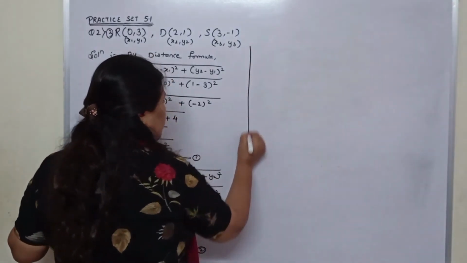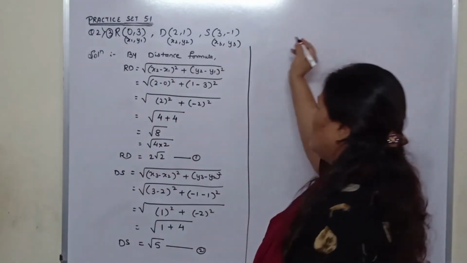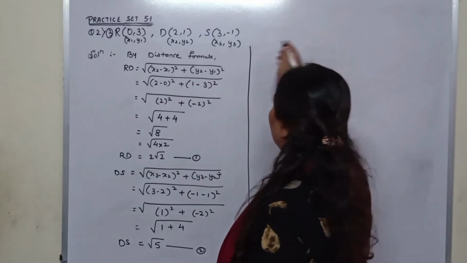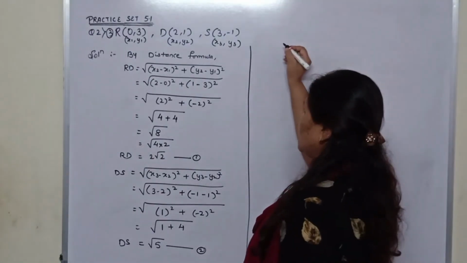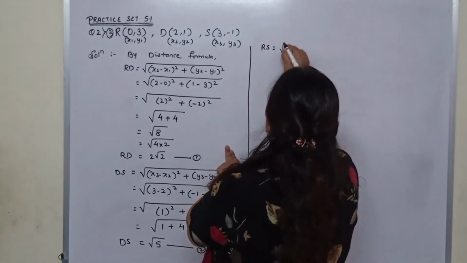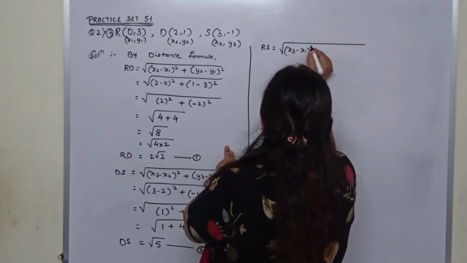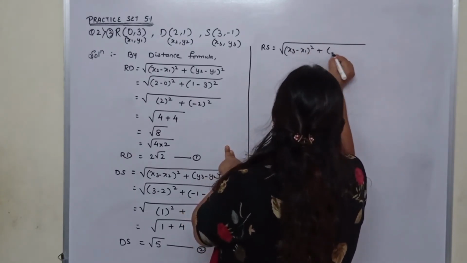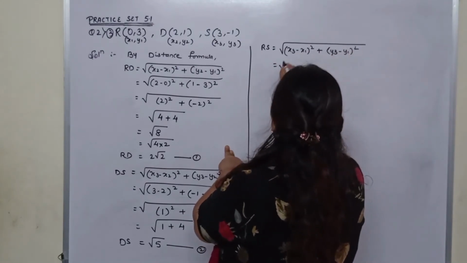Now we'll see equation 3. For that we'll calculate the distance between RS. So RS equals under root x3 minus x1 the whole square plus y3 minus y1 the whole square.